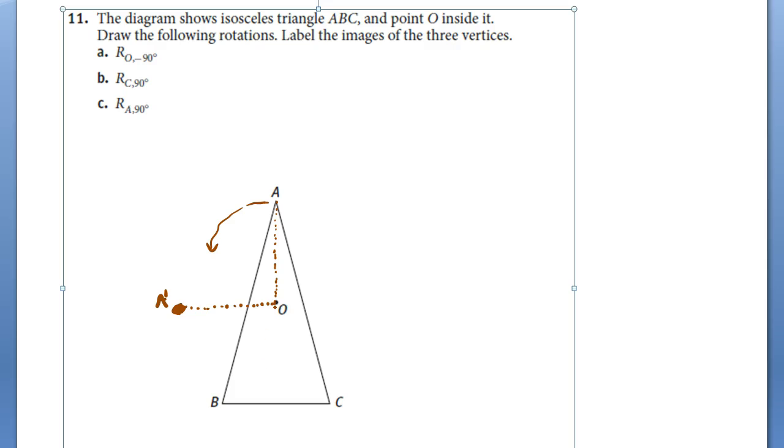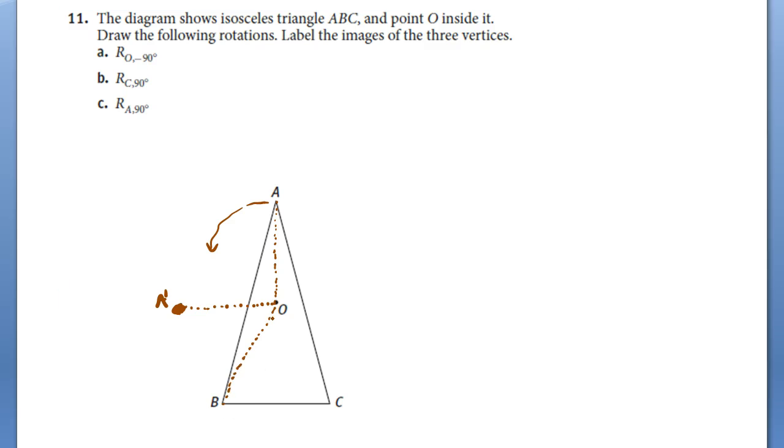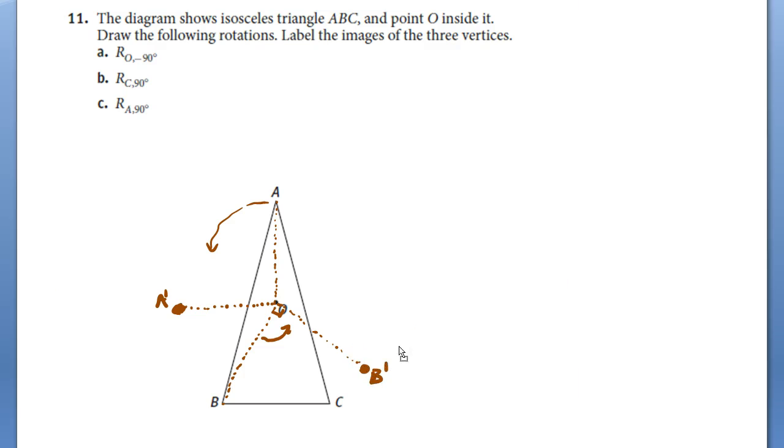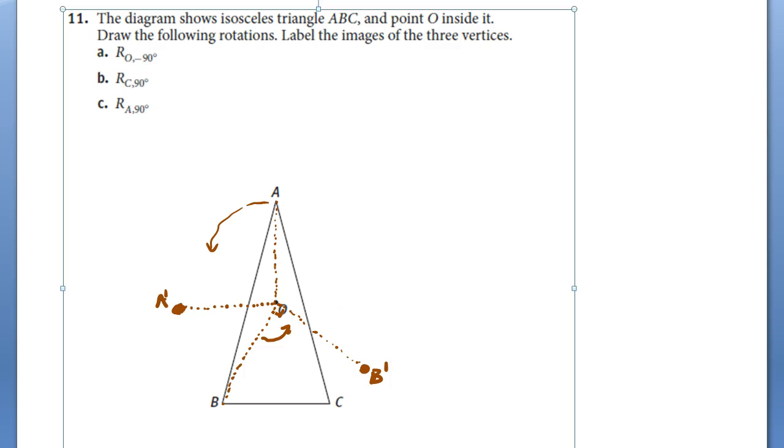Okay, so from O to B, however far that is, right, find this distance. And then remember, we're doing counterclockwise, so we're twisting it this direction. So I want a 90-degree angle right there. I want to come out this direction the same amount with a ruler to mark point B prime. Same thing for C, right? If you go from C to the center, measure that with a ruler.